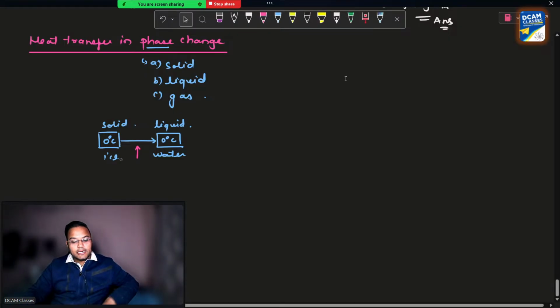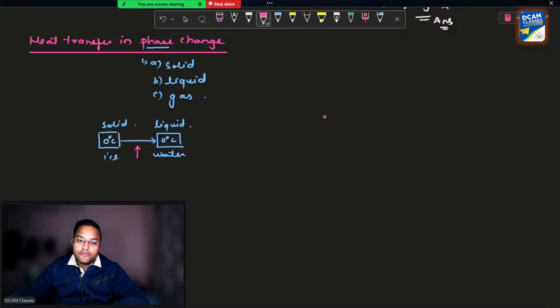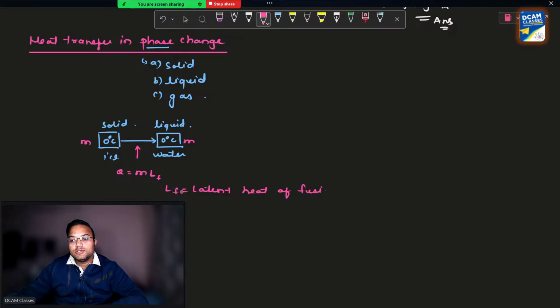That energy it has absorbed is given by latent heat. Q is equal to M into L_F, where M is the mass of this ice. The mass is not changing, it remains the same. And L_F is known as latent heat of fusion. This heat is not dependent upon the temperature. Now what happens if we move further?